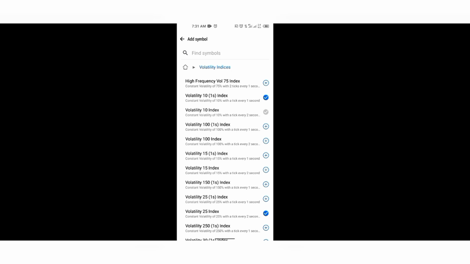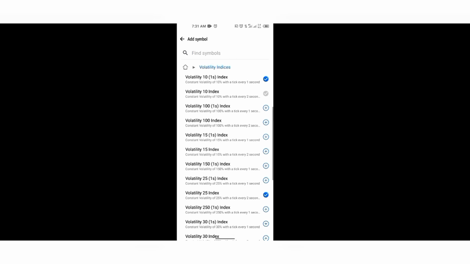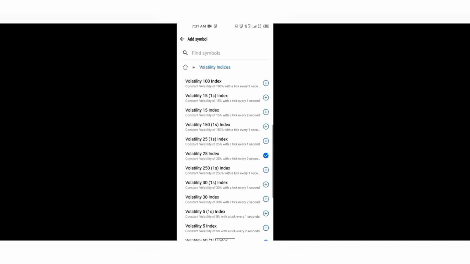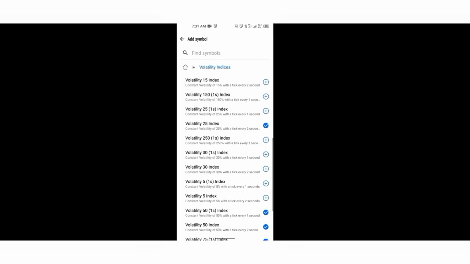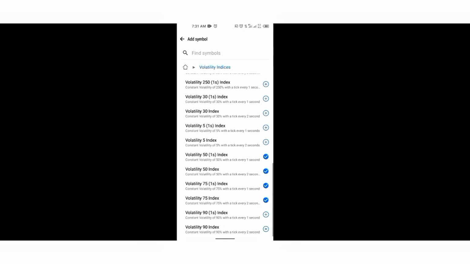So here we have volatility 10 1s, we have volatility 100 1s, volatility 15 1s, and a lot of them here. Although all of them are volatility indices, I don't advise you to trade all of them in the market. So for me, these are the ones that I selected for myself. I trade with volatility indices, but I don't trade all volatility indices because I know the volatility indices that work best for a trader.